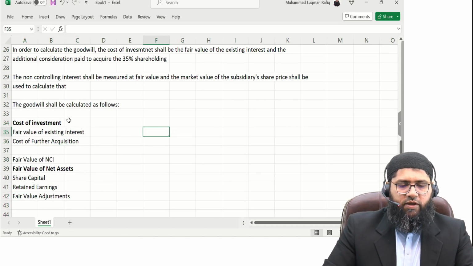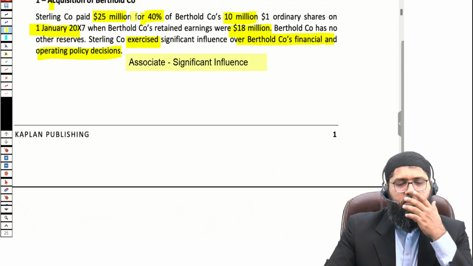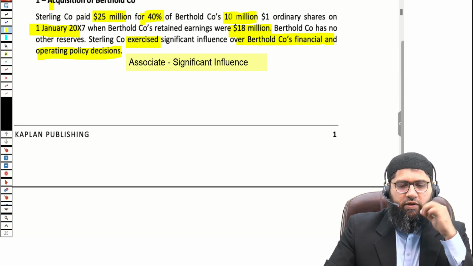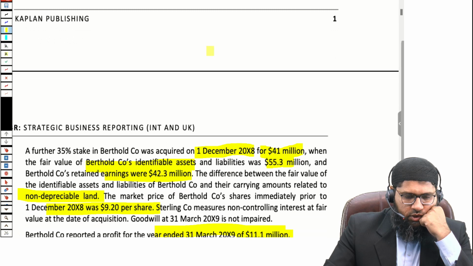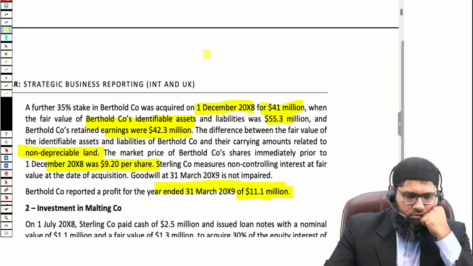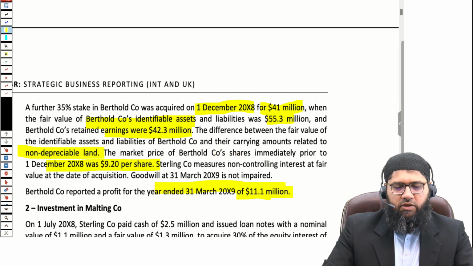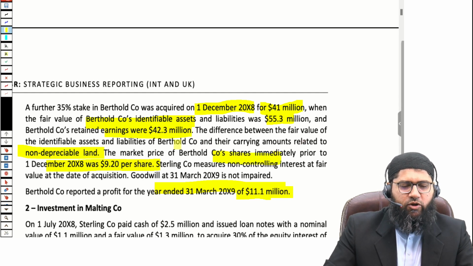So if I talk about this, what would I do? Originally we had 40% shareholding, 10 million shares were there, and the market value of the shares immediately prior to 1st December X8 was this.